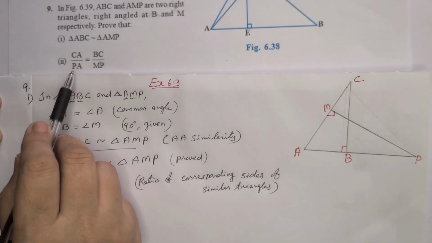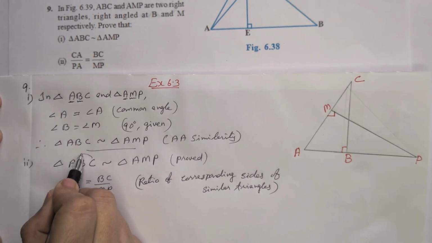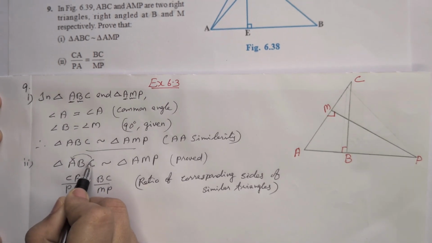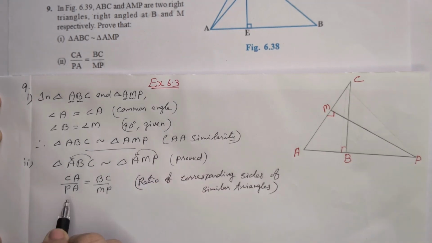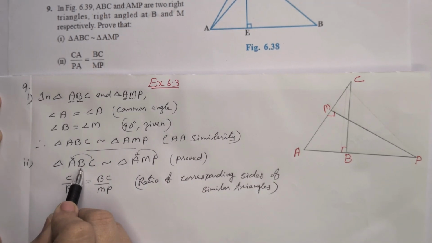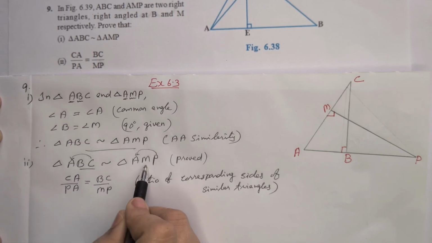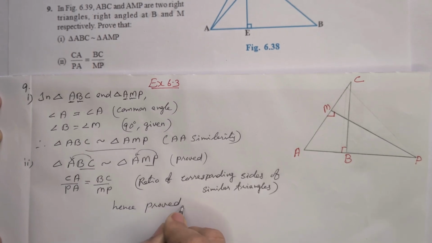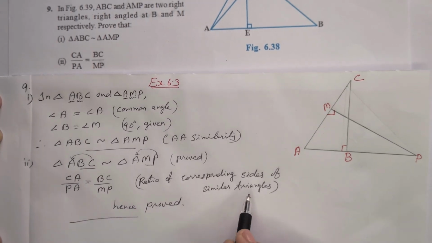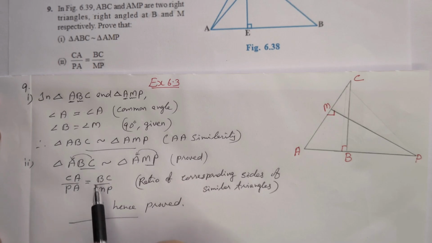So CA over PA equals BC over MP. Hence proved, ratio of corresponding sides of similar triangles.